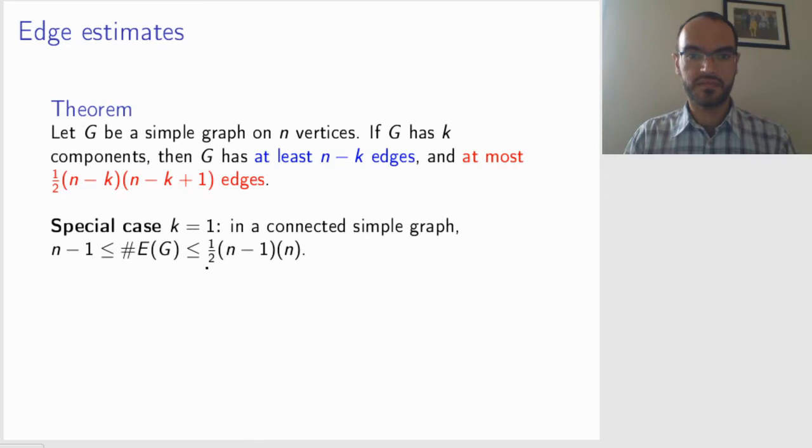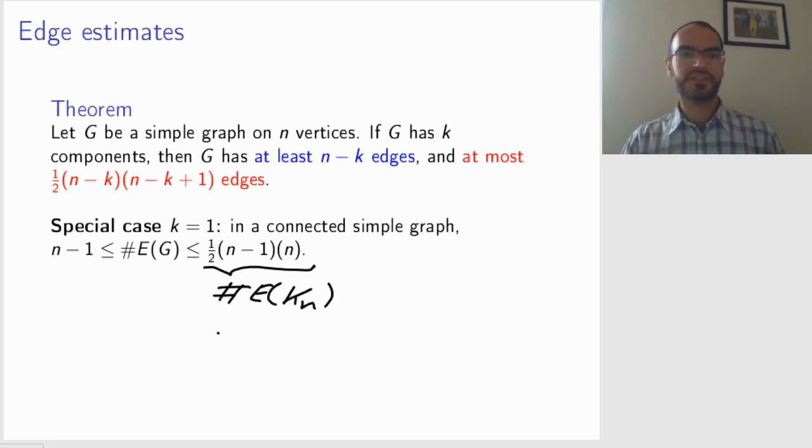This number you probably recognize. It is the number of edges in the complete graph on n vertices. So it makes sense. A simple graph cannot have more edges than the complete graph on this many vertices. And n minus 1 is the number of edges in a path, or more generally in a tree.